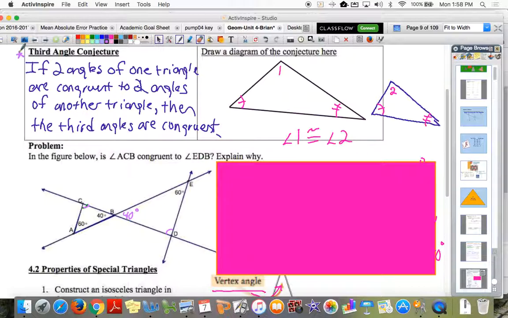And if I wanted to think about that more clearly, I might say, by the triangle sum conjecture, I know this is 80 degrees because they all have to add up to 180, and this is also 80 degrees. So not only are they congruent, but I know exactly what those angle measures are.